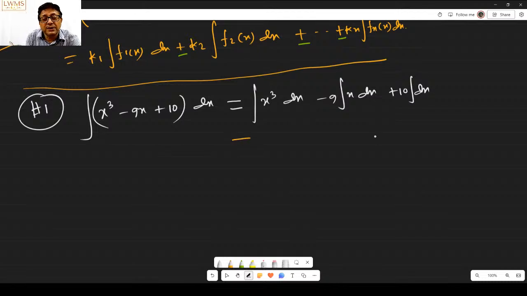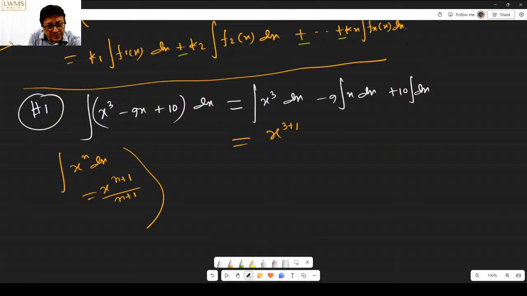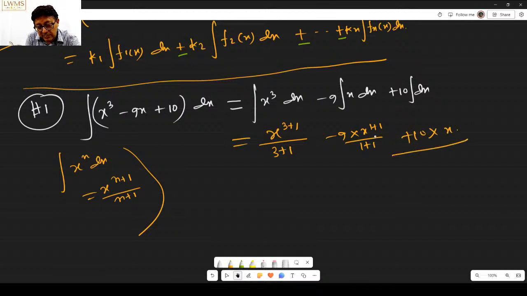So for this one, x cube integration will be what? You know the formula, I will remind you, x to the power n plus 1 by n plus 1. Clear?